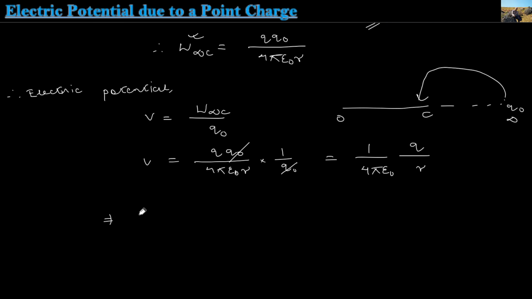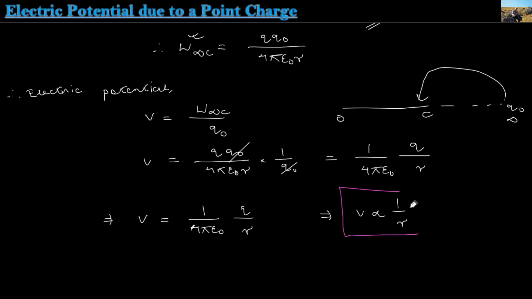So V is equal to 1 divided by 4 pi epsilon naught, q divided by r, which clearly means that V is inversely proportional to r. It varies inversely with the change in distance.